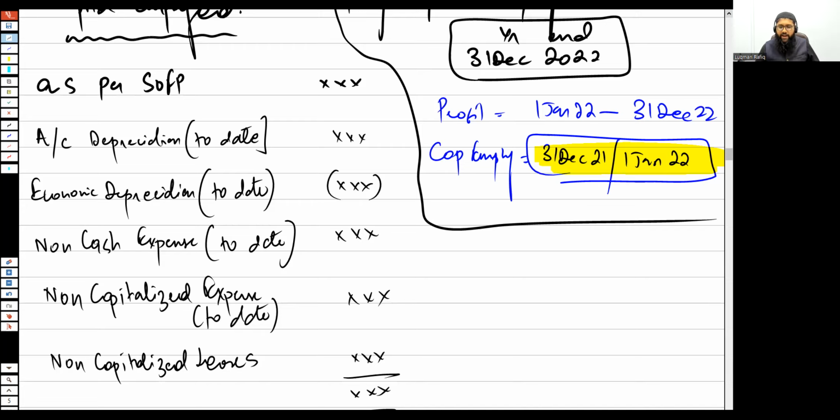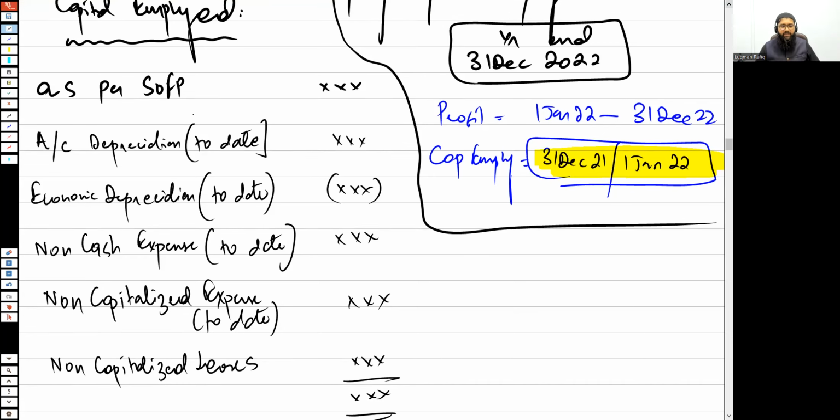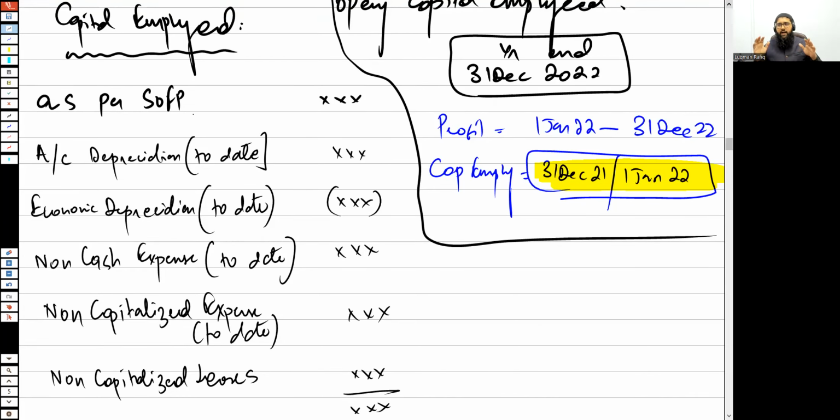So resultingly you should be capitalizing it, but unfortunately it was not capitalized earlier. Nowadays, we have got IFRS 16, so it's actually capitalized. But if a question comes where there are non-capitalized leases, you would capitalize it and include the amount in the capital employed figure.